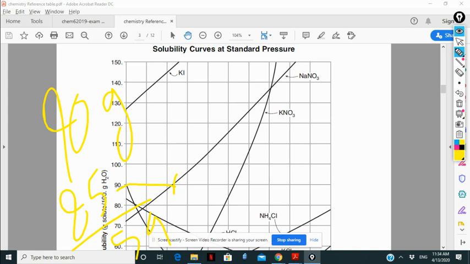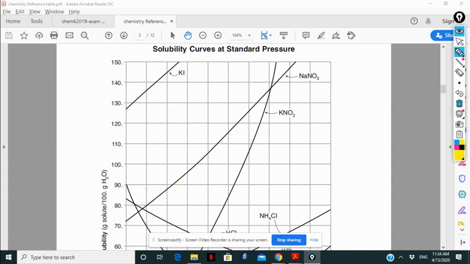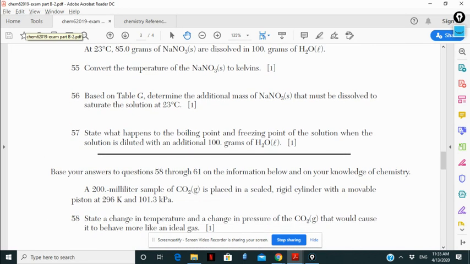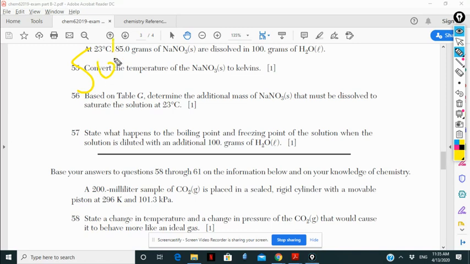Now, state what happens to the boiling point if you dilute with additional water. Okay, adding solute increases the boiling point and decreases the freezing point.